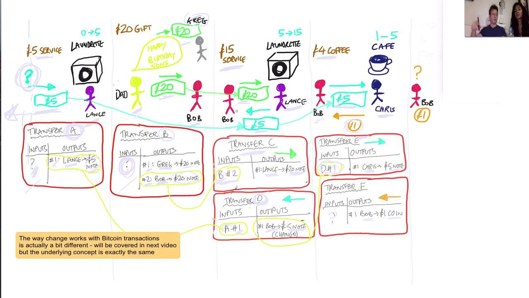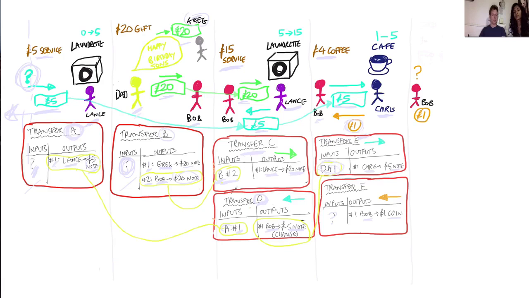And in future videos, I'm going to go into exactly how this cash concept extends to the transaction document in a Bitcoin transaction. But for now, I want to get the point across that these transaction documents are what gets stored in the actual Bitcoin blockchain.